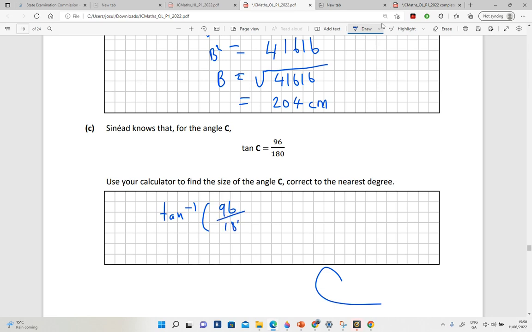You can type this directly into your calculator by hitting shift and then your tan function, and you will get an answer of 28.07, then 2, 4, etc. So we'll round to the nearest degree, so we'll just make it 28 degrees. Okay, so that's your answer for that last part.